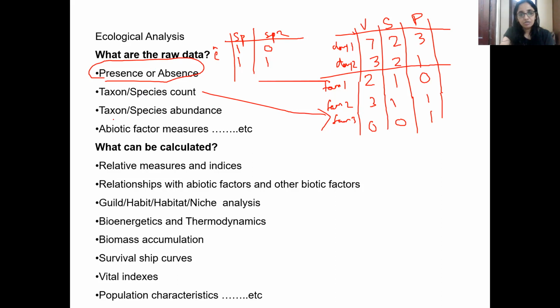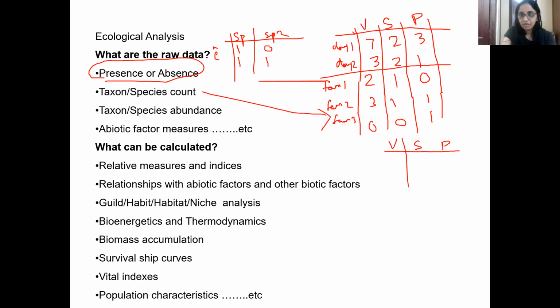Then another thing which we can use is the abundance. Here again, it could be taxon level or species level. So we could just recreate this same table here: Viyur, Shaktan and Puttur.